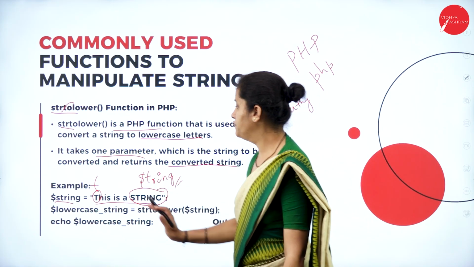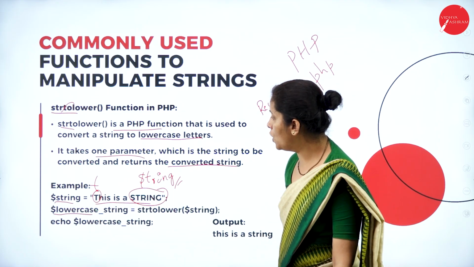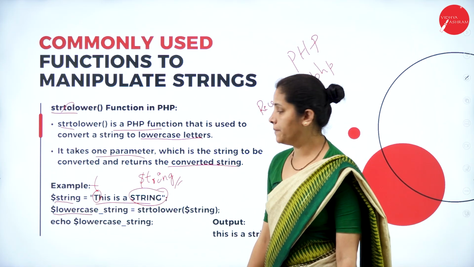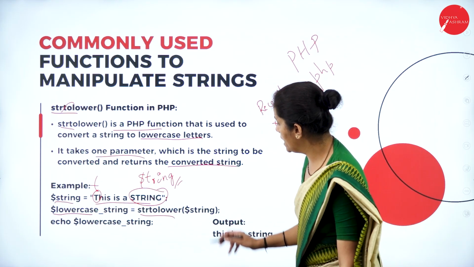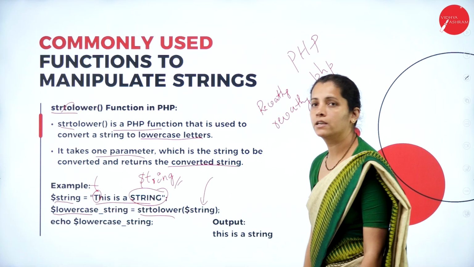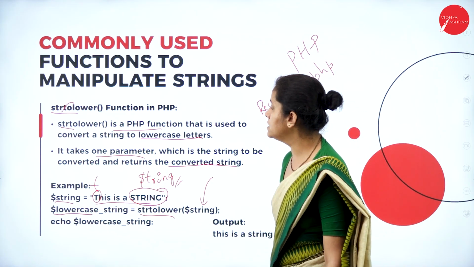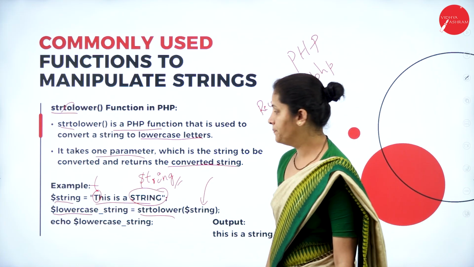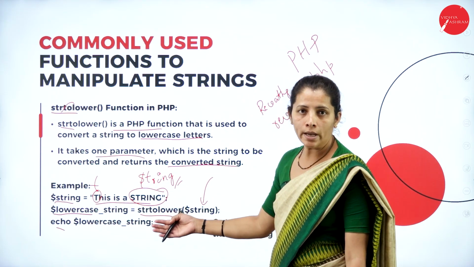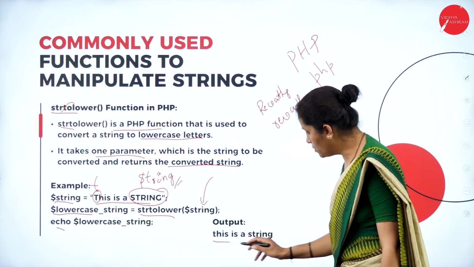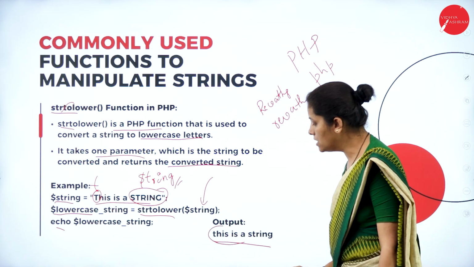Now I have the variable called lowercase, and I'm calling the method strtolower and passing the string, that is, "This is a string." And when I display with echo the lowercase string, I get the output: this is a string.